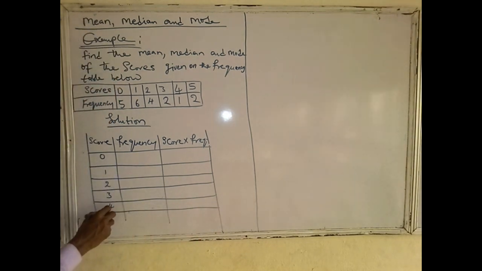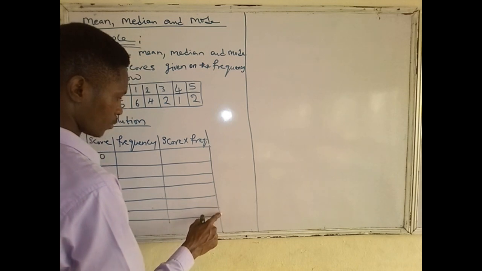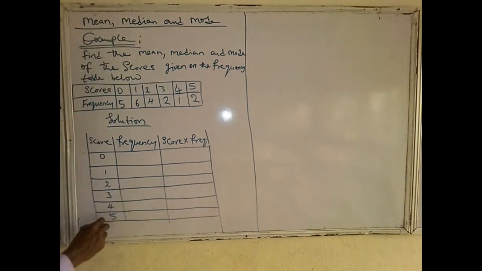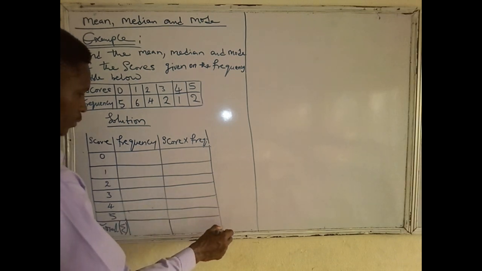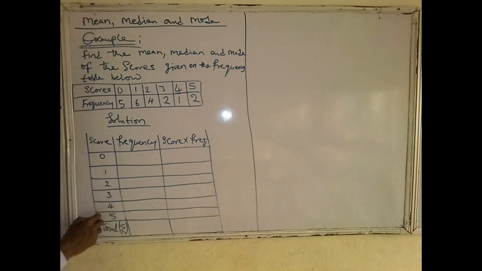And the sixth is 5. So we can say here is total or summation, as the case may be.